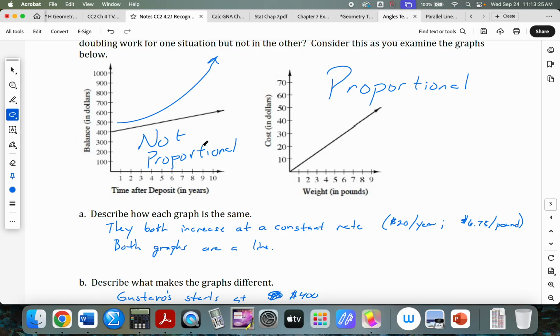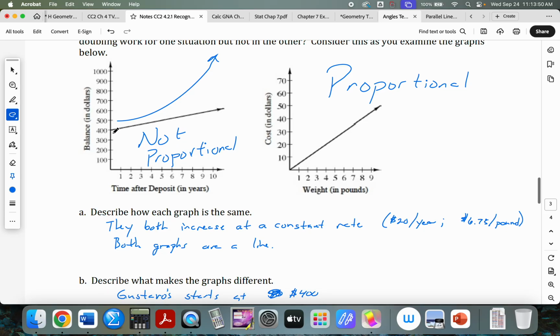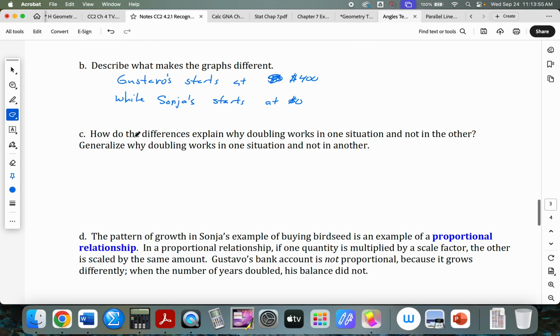To have a proportional relationship, you have to have two things. One is that they have to increase or decrease at a constant rate. There has to be a line. Both of these are lines. But the second part is also important. A proportional relationship always goes through 0, 0. If it's not proportional, it's not going to go through 0, 0.